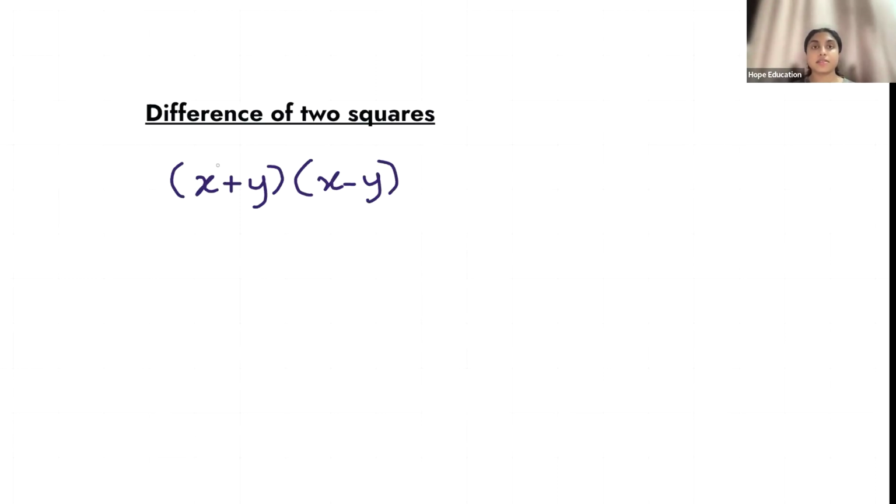Solve this and tell me the answer. We learned this in the 4th lesson. x squared minus y squared.